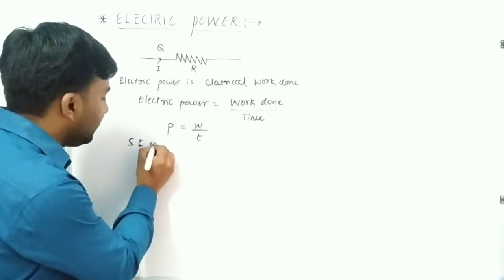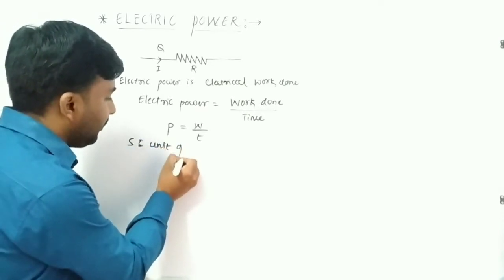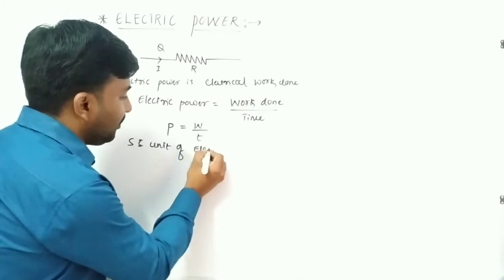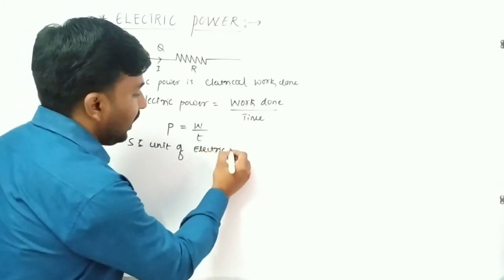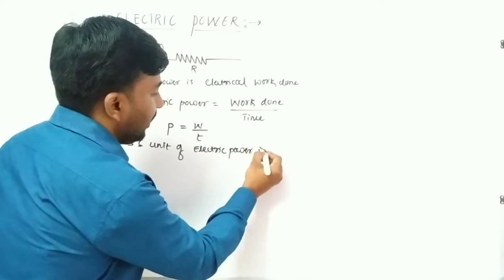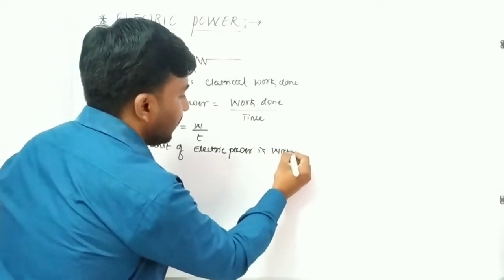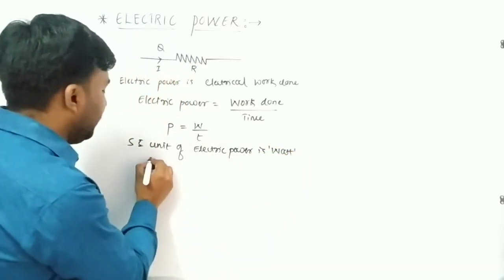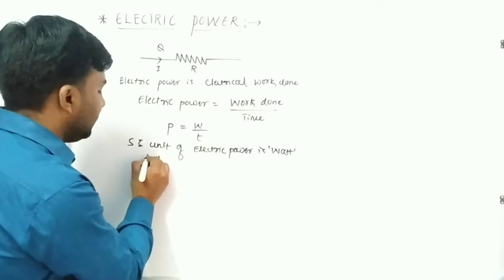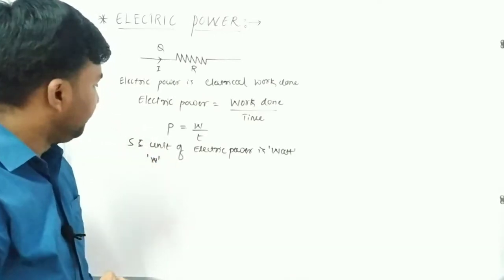The SI unit of electric power is watt, denoted by the capital letter W.